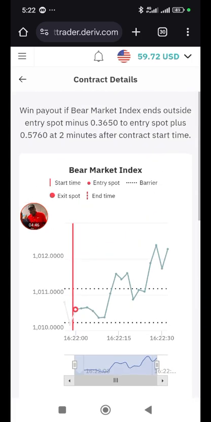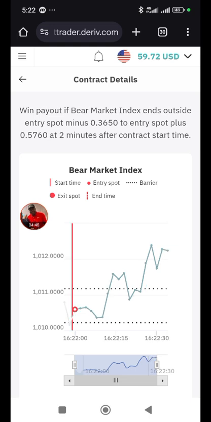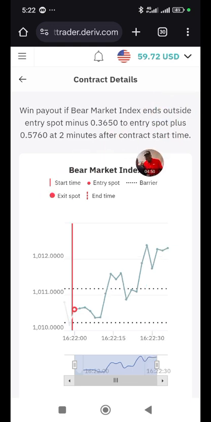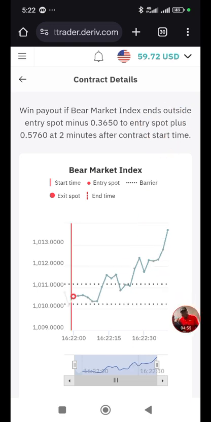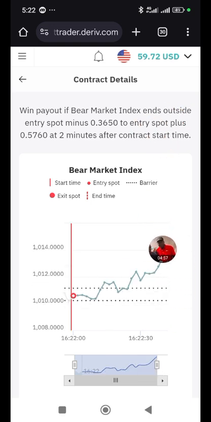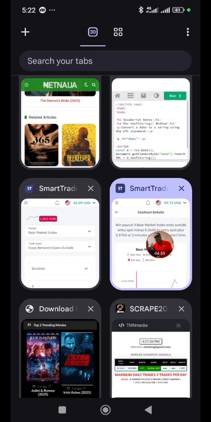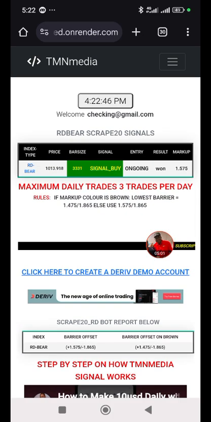If it was goes outside, as the market has moved here, we would have won the trade. Can you see? It says won. But for ends outside, you only know whether you win after 2 minutes.